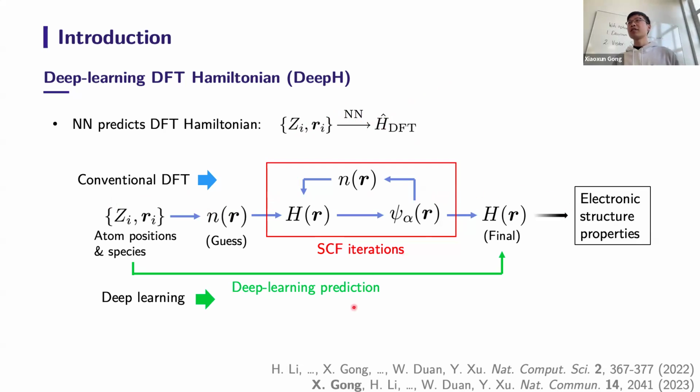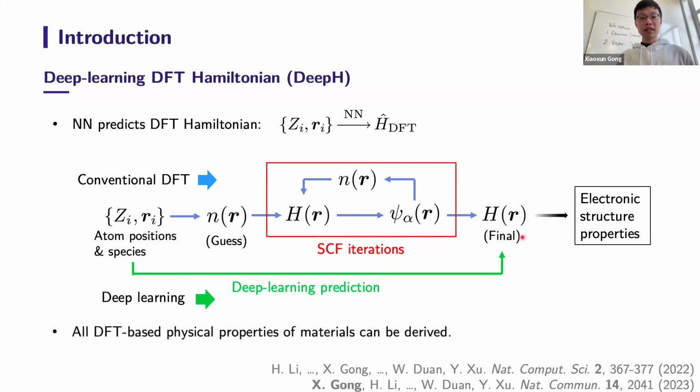But here, using our deep learning method, we skip all of these steps. We start from the atomic positions and the species, and then use deep learning to directly give us the final converged Hamiltonian of the structure. And from this, we can get basically all DFT-based physical properties of the materials.